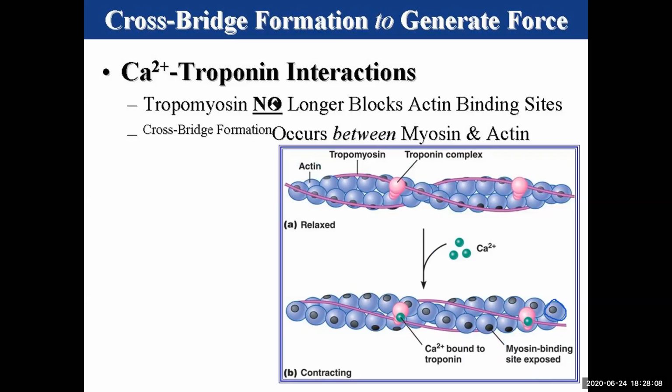So tropomyosin no longer blocks actin; the calcium-troponin interaction leads to the binding site no longer being blocked. Cross bridge formation can occur between myosin and actin. Myosin is from the thick filament, actin is on the thin filament.